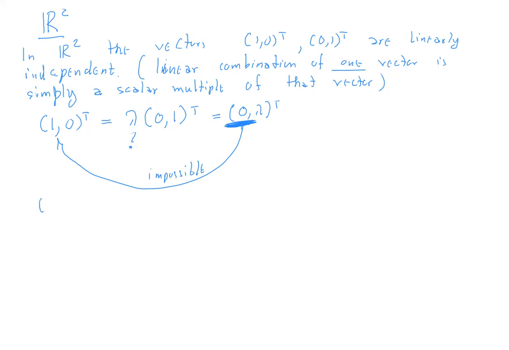And similarly, (0, 1) is not a linear combination of (1, 0) for the same reason. So (0, 1) and (1, 0) are linearly independent.